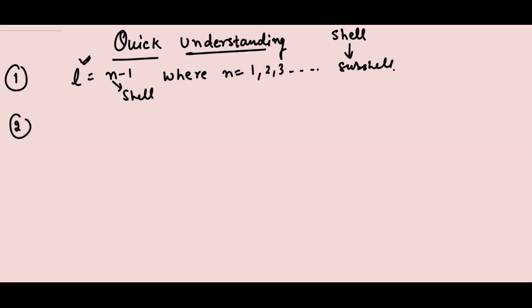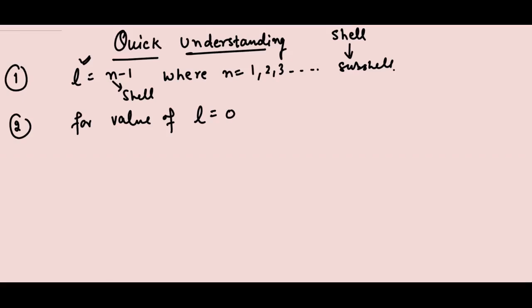Now, the second important point is that the value of L starts from 0. Why am I writing the L value starting from 0? Because the n value starts from 1, and the value of L is always one step less than n.